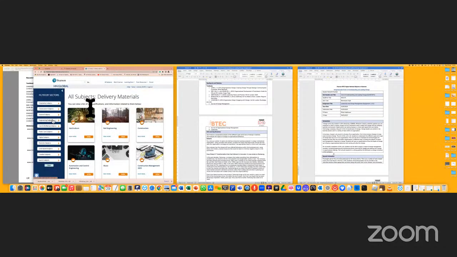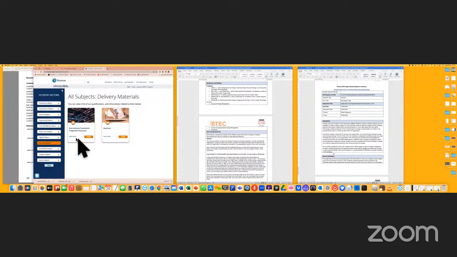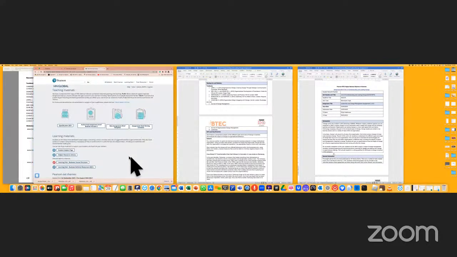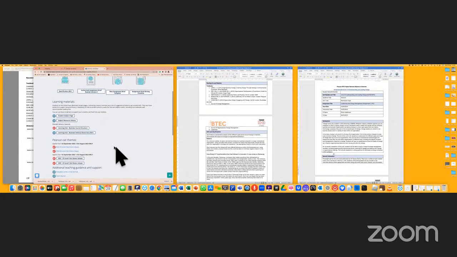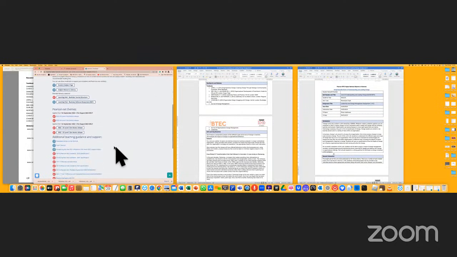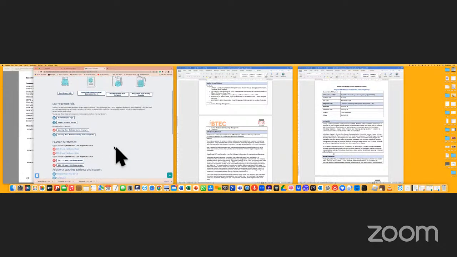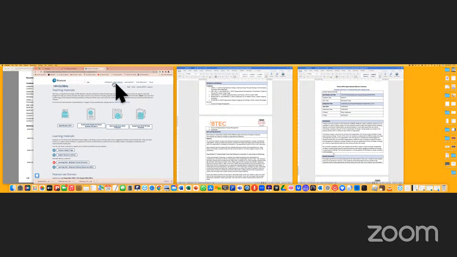Now, when you log in, you're going to go to the business subjects, and look at the business side of things, which is the HND business that you're doing. And obviously this is my resource. Some of the resources on your side would be available in the learning zone, and they would be things like books, some webinars, and some articles and journals which Pearson provides.